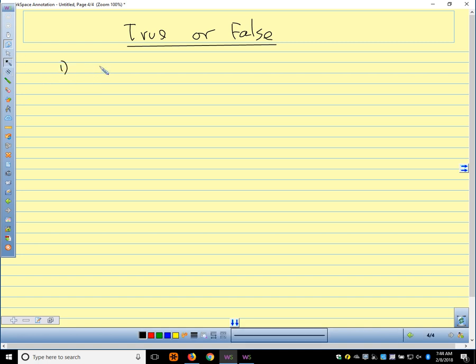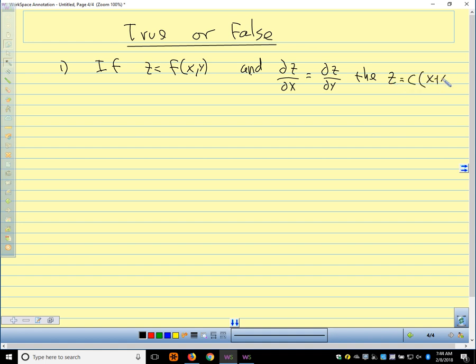Number one: if z is a function f of x and y, and the partial of z with respect to x equals the partial of z with respect to y, then z is some constant times x plus y.